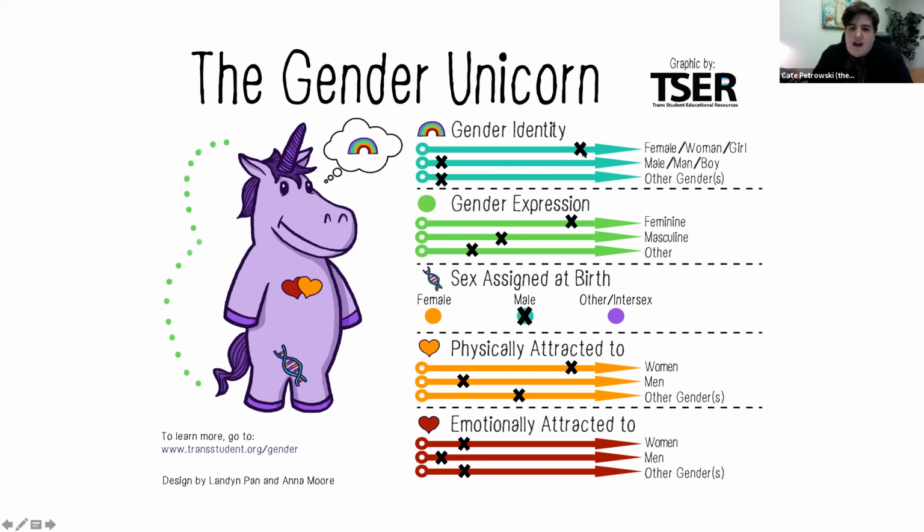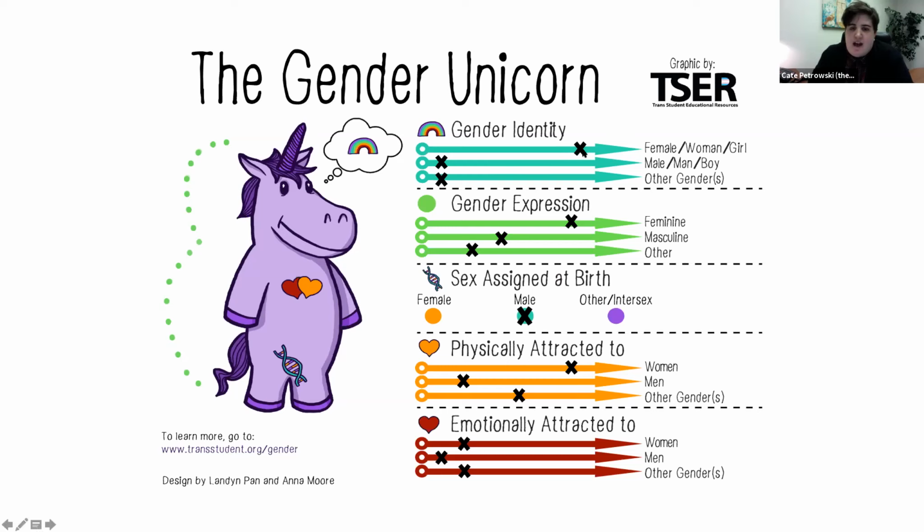So the way that you express your gender, it could be like what you wear, or the things that you do, or how you wear your hair, for example. So for this person, they tend to incorporate lots of femininity in their expression, a medium amount of masculinity, and then a little bit less of that other category.